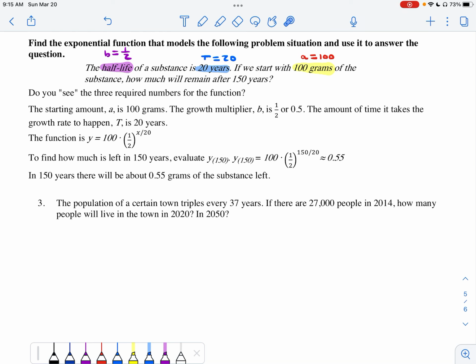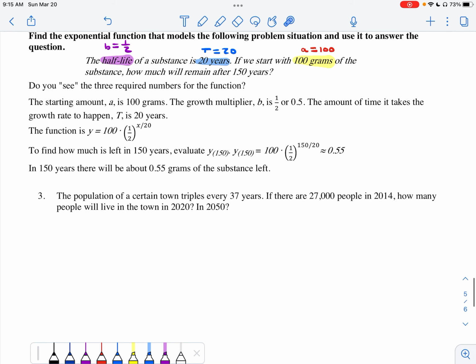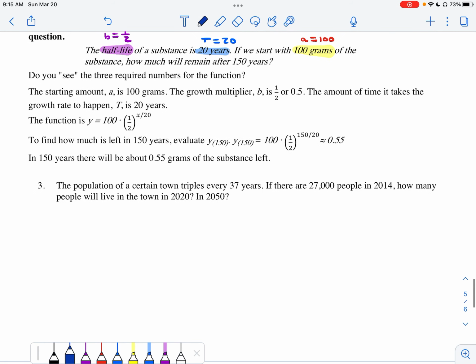All right, so if we look at example 3, it says the population of a certain town triples every 37 years. If there were 27,000 people in 2014, how many people will live in the town in the year 2020 and the year 2050? We have to start by identifying our three important numbers.